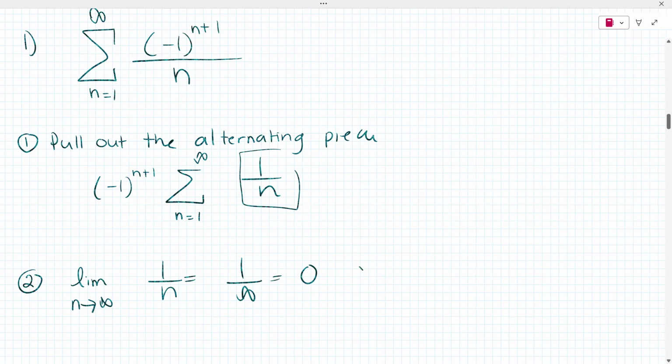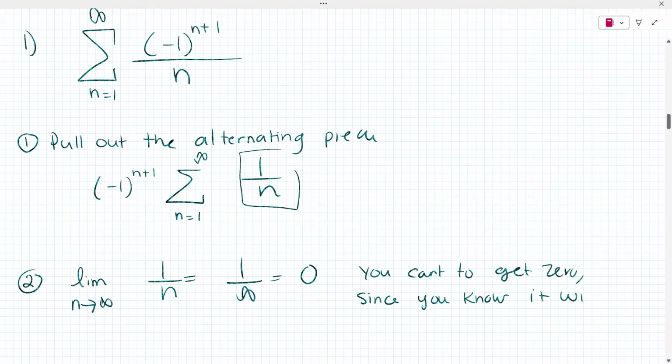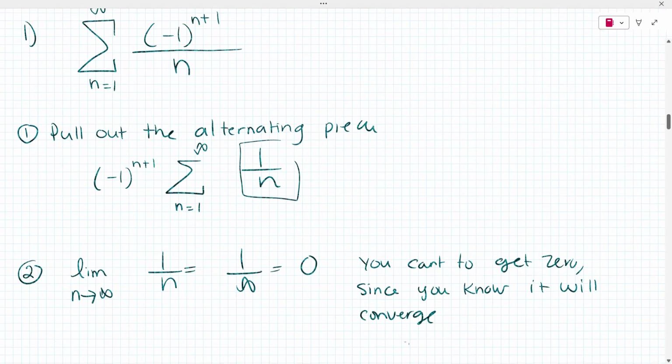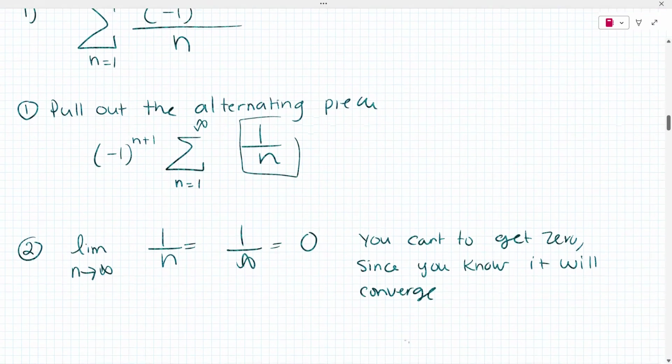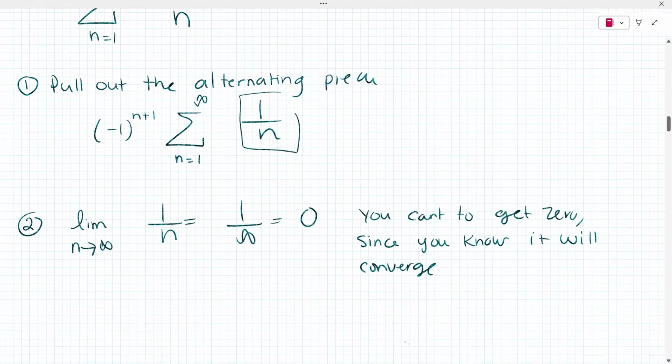That's good, you want it to get 0, and you know it will converge. Step three, by the alternating series test, it converges. That's my final answer.